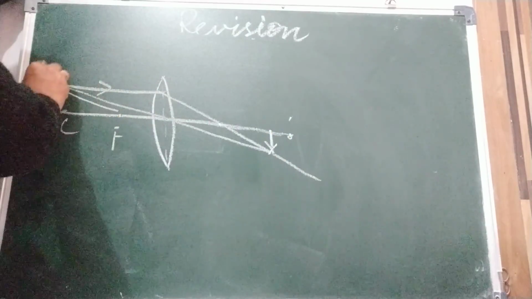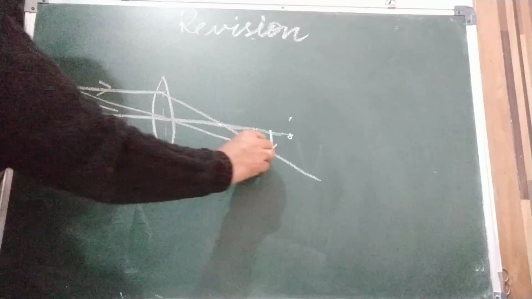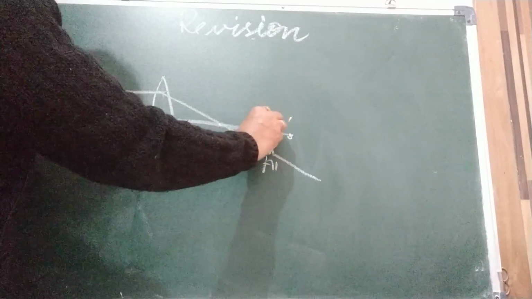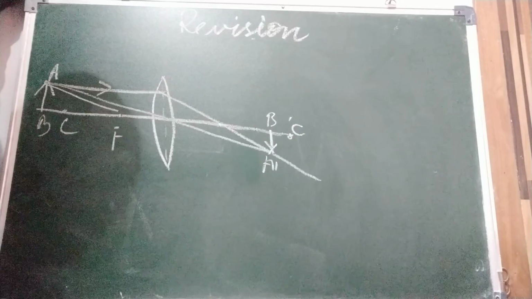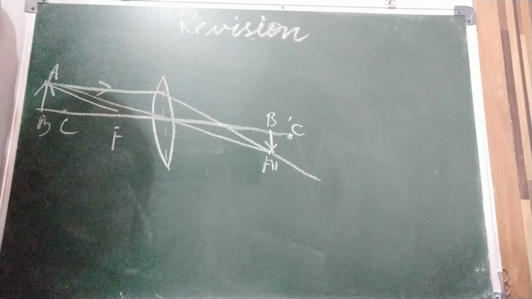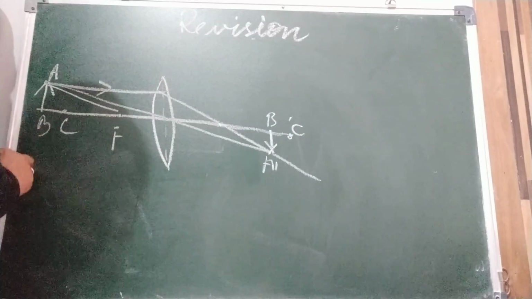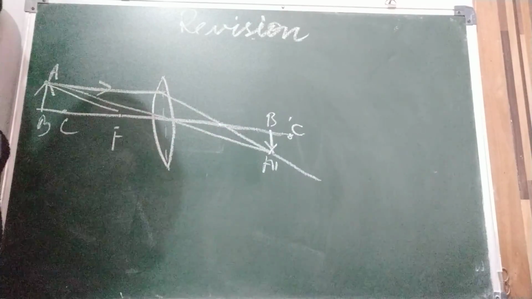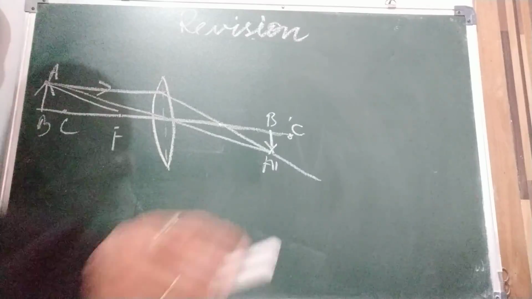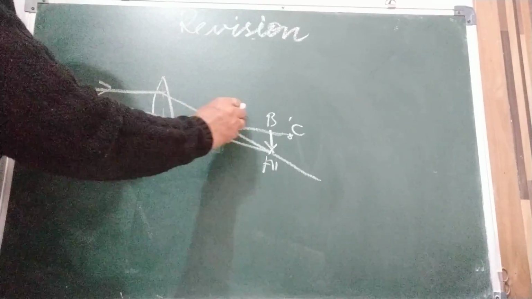This is AB, and we are going to write A dash, B dash. So when the object is beyond C, the nature of the image is real, inverted, smaller than the object, and the position is between F and C.